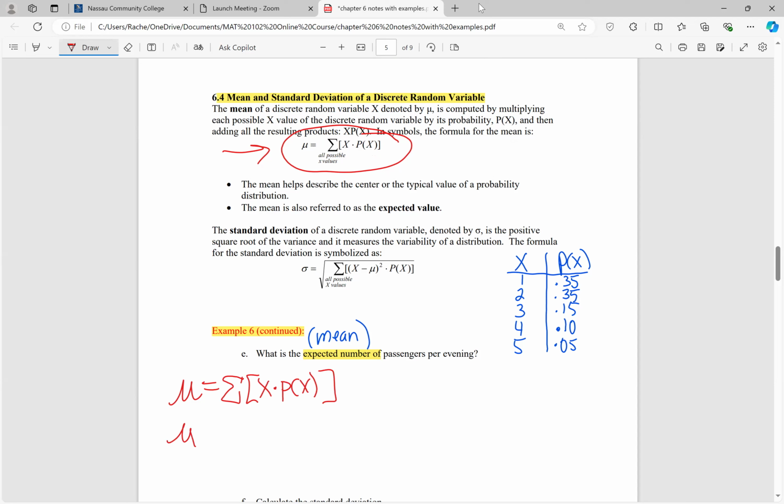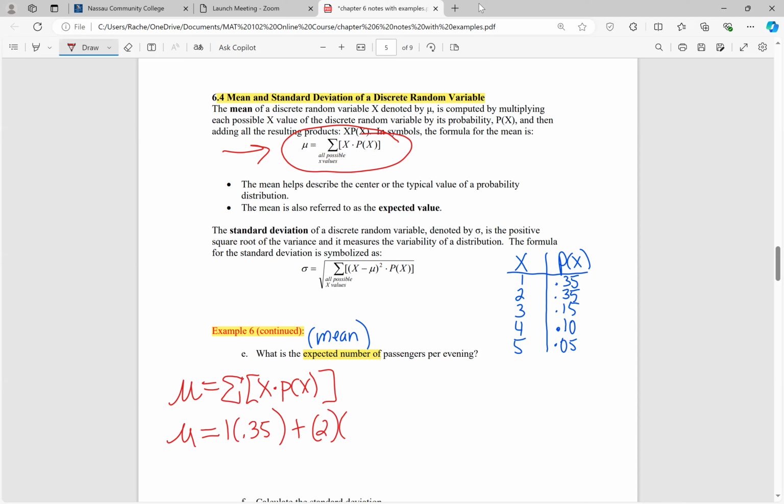So let's write this out. We're going to take the first value of x, which is 1, and multiply it by its p of x, its probability, which is 0.35. Now I'm going to add the next value of x times its probability.